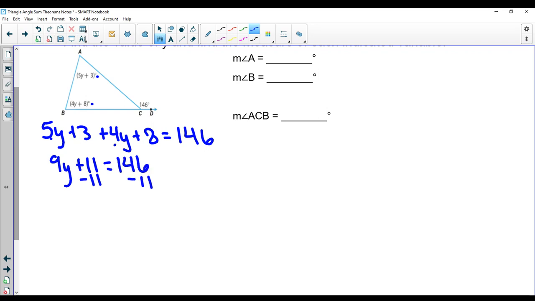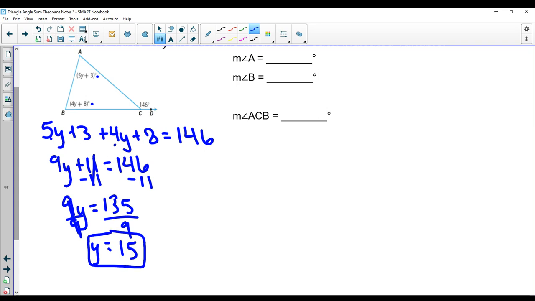I'm going to subtract 11. 9y equals 135. Divide 135 by 9. I don't know what that is. Oops. 15. So I know that y is 15.